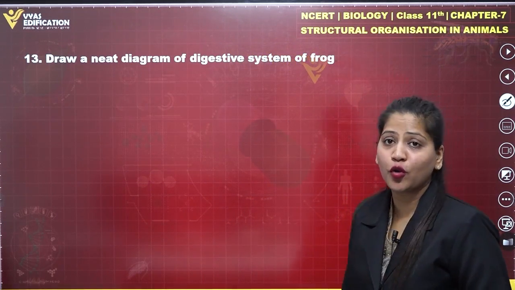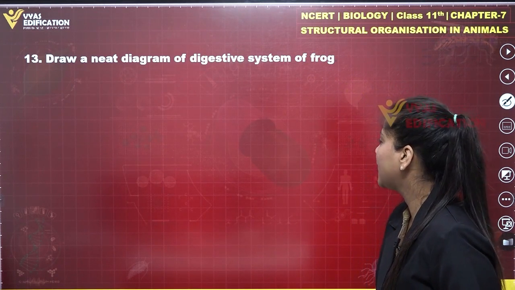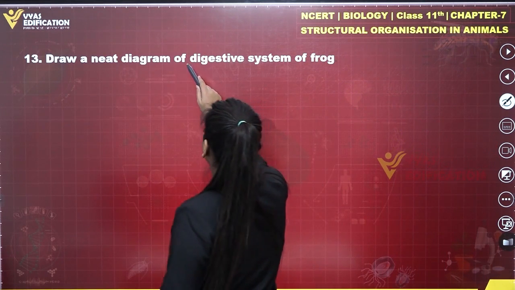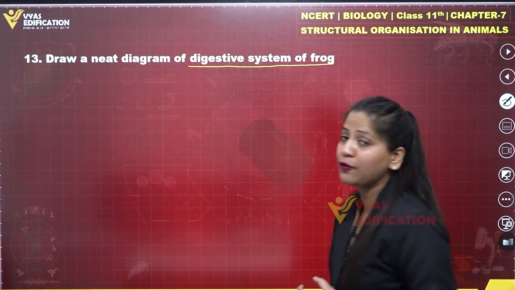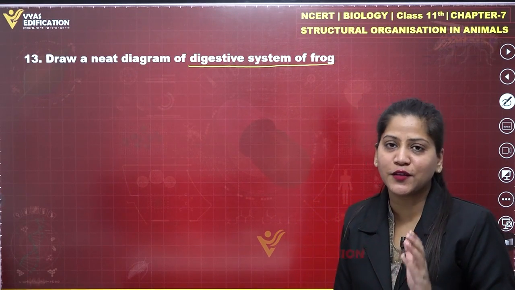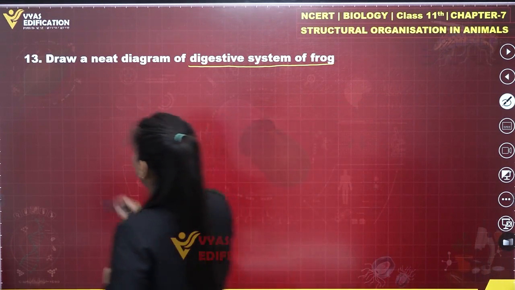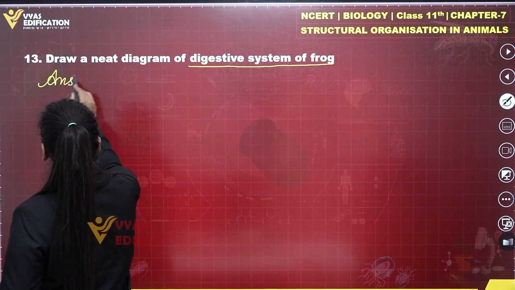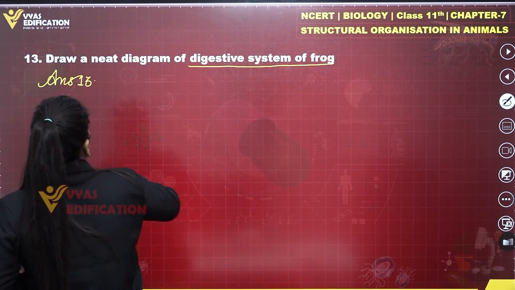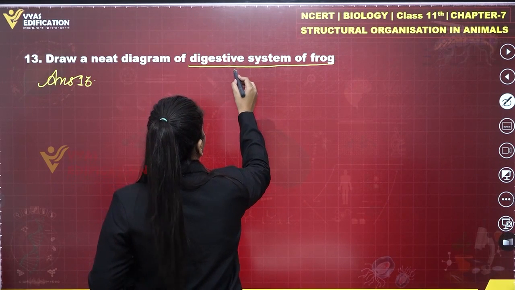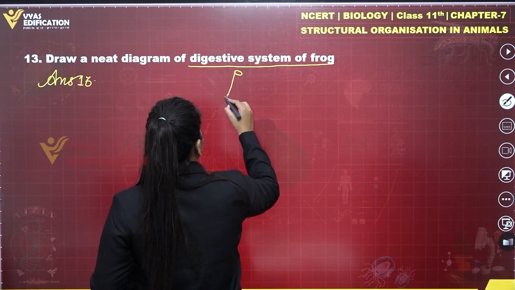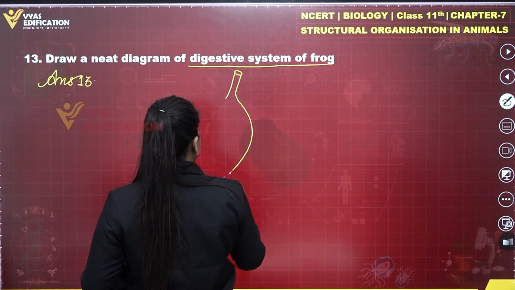Let's talk about the next question, question number 13. We have to draw a neat diagram of digestive system of frog. Alright, so here in question number 13, we have to draw a diagram of digestive system of frog. It will start like this. This is your esophagus.